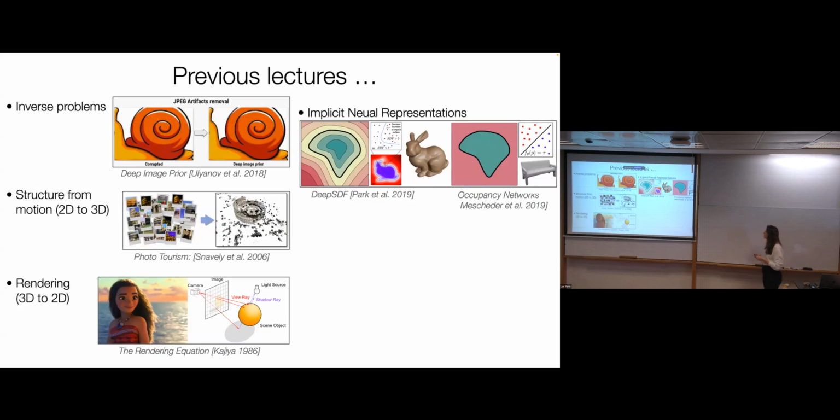You can either represent a surface as a signed distance function, which captures for each point in 3D the signed distance to the surface, or as an indicator function. I like to differentiate between the two: the left is a regression problem, and this one is classification, where you just need to indicate whether you're inside or outside. In that way, the neural network represents the surface as the zero level set of that function.